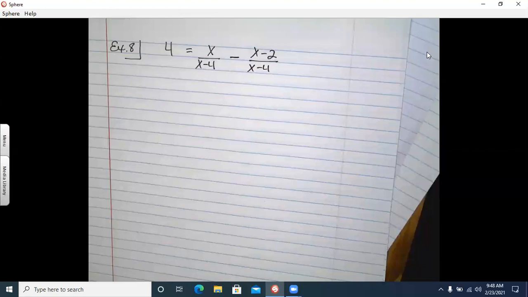You just try that second fraction on the right side. You don't see a minus sign both times, so you need to put a parentheses there. Distribute that negative to both terms on the right.